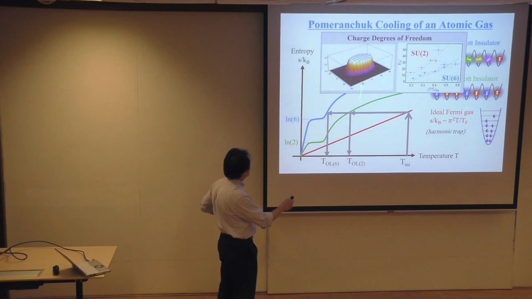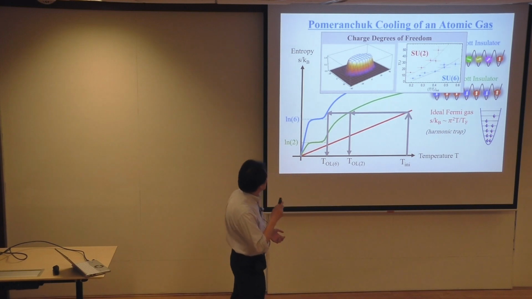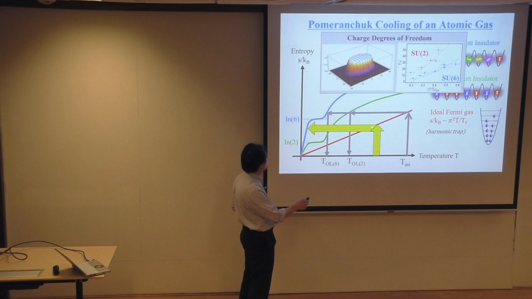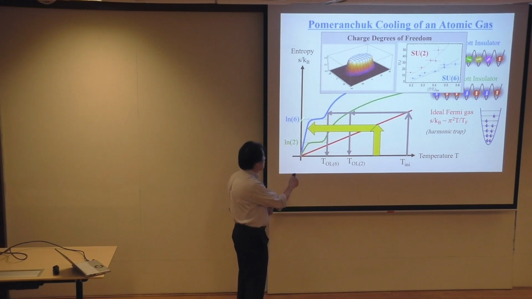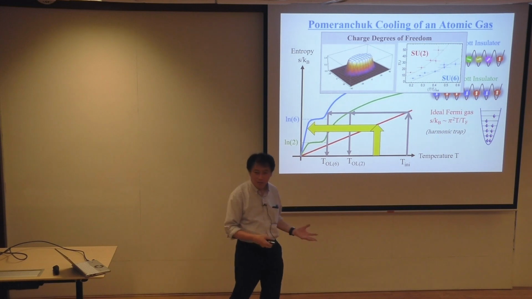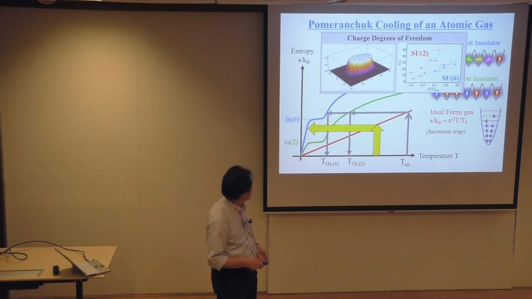But here there is no spin correlation. If we start with a little bit lower temperature, then we can reach the regime of spin correlation or quantum magnetism of this SU(N) Fermi-Hubbard system.